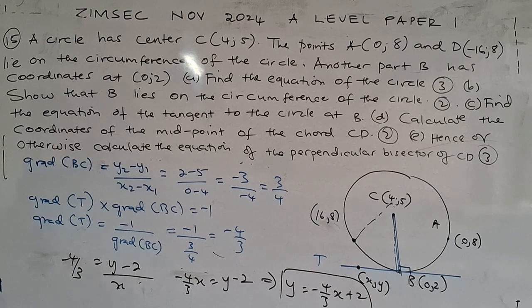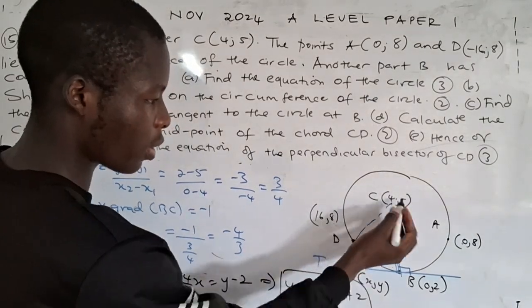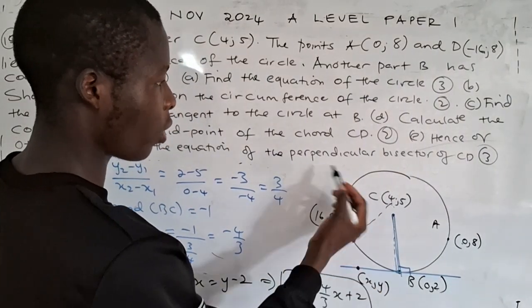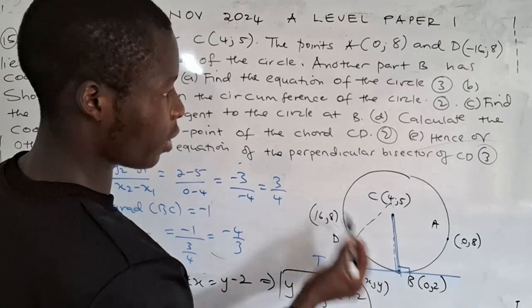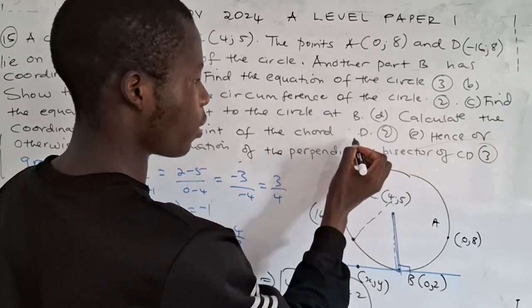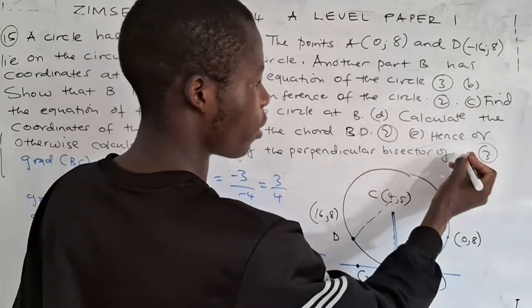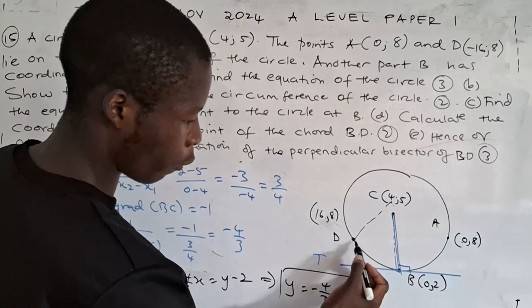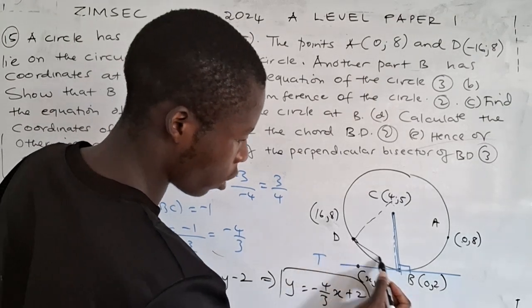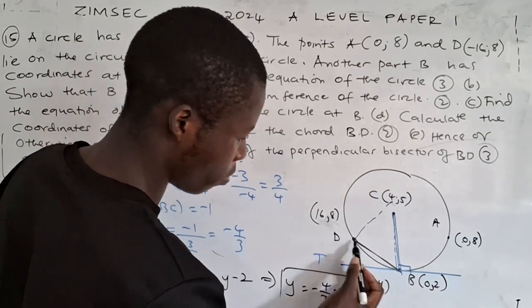It's not CD, because this is not a chord. Okay, it's BD. So from here to here, this is the chord BD.